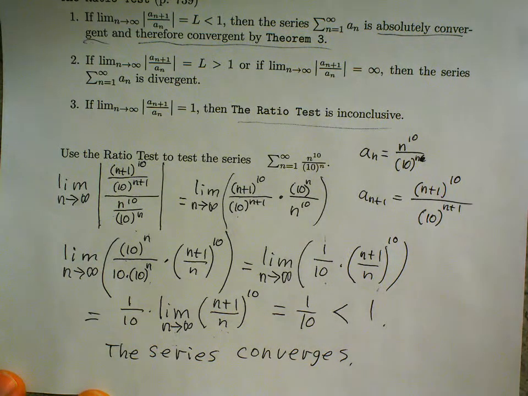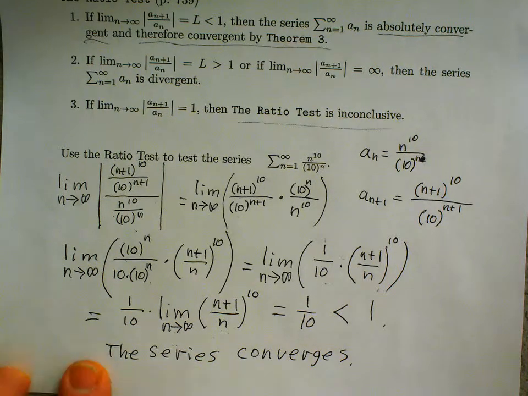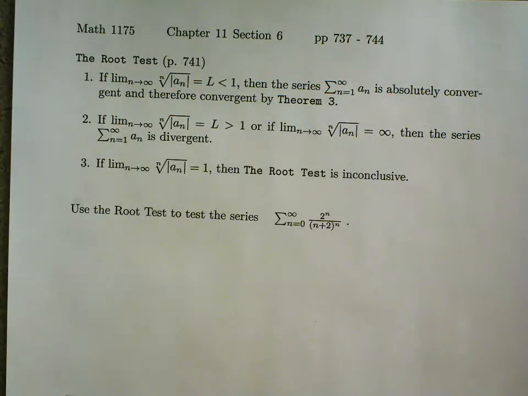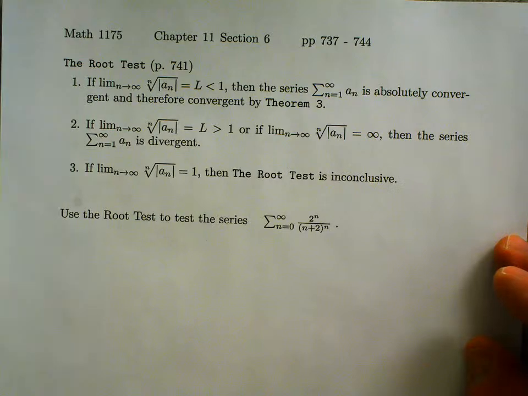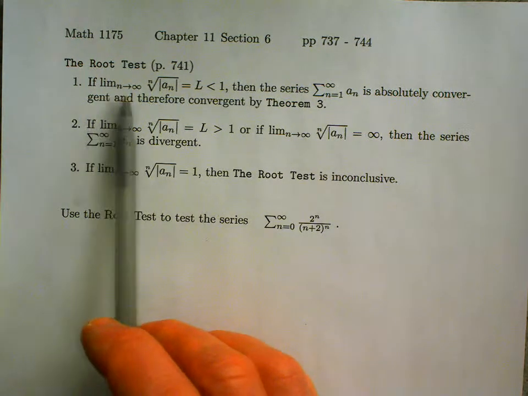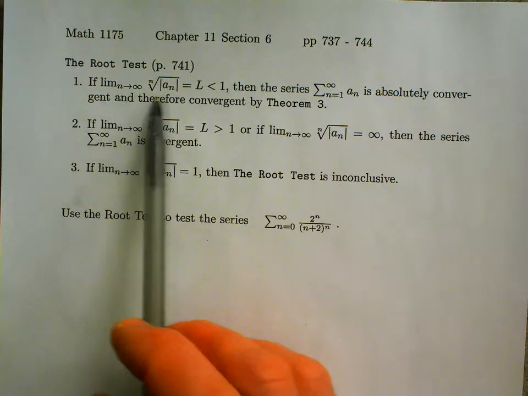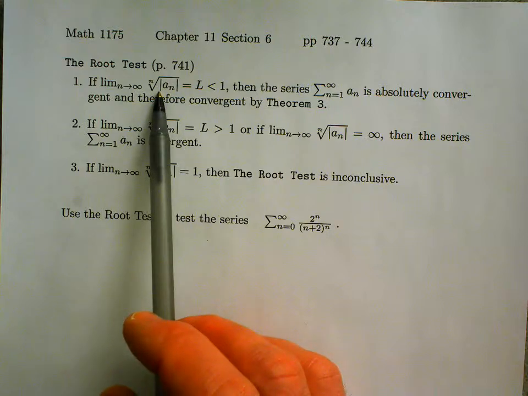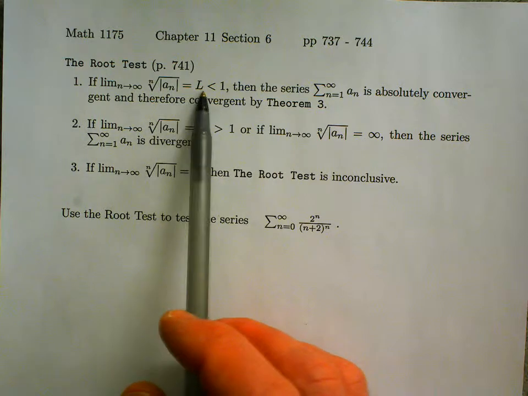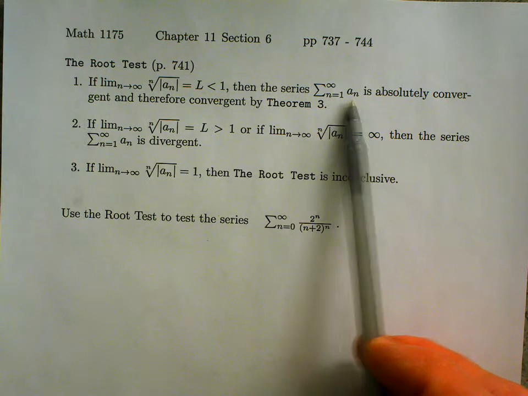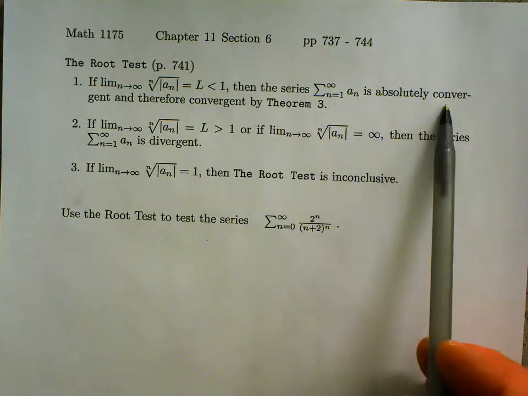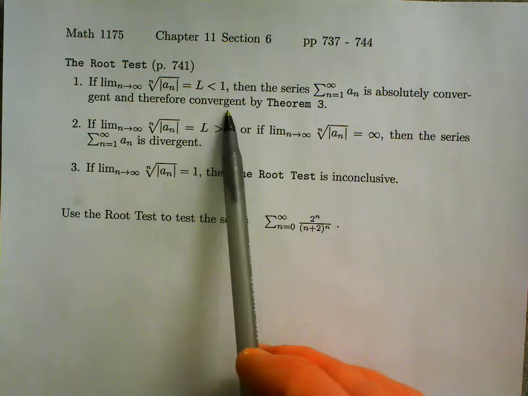Okay, let's spend the last 4 minutes starting on the root test. The root test: if the limit as n approaches infinity of the nth root of the absolute value of a sub n is equal to L, which is less than 1, then the series of the a sub n terms is absolutely convergent and therefore convergent.